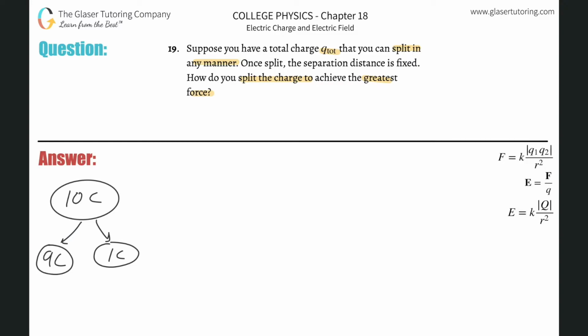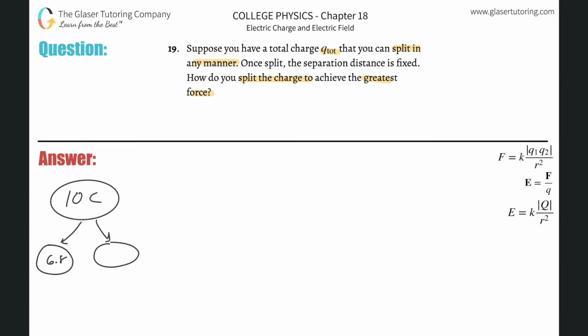Or instead of 9 and 1, you could have chosen 8 and 2, 7 and 3, 6.8 and 3.2, and any kind of combination that adds up to 10.